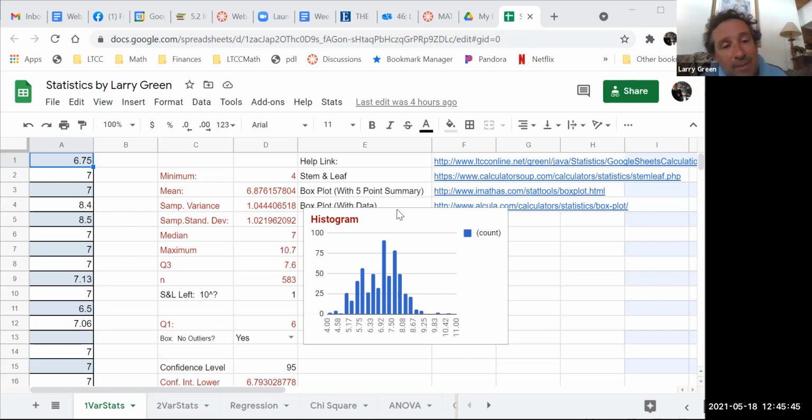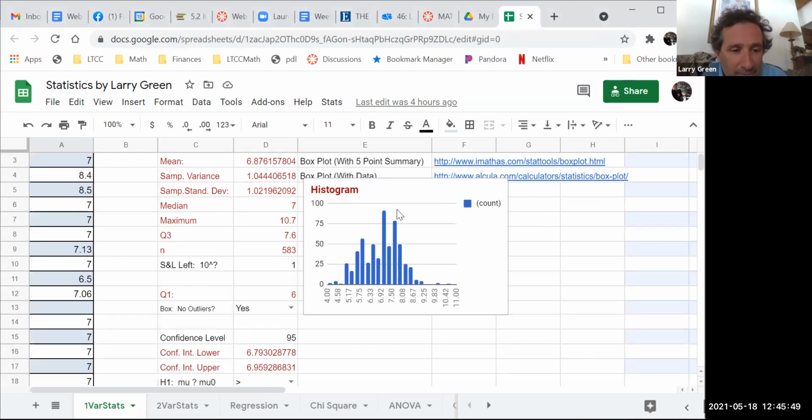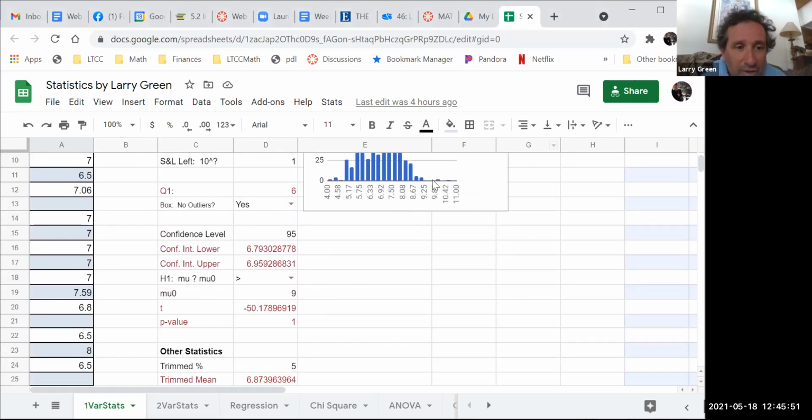So the nice thing about the spreadsheet is you don't have to do anything other than put the data in. So I put the data in. I do have to decide H1. It said mu question mark mu not, and I'm going to turn it into a not equal to sign. And when I do that, I get a p-value of 0.